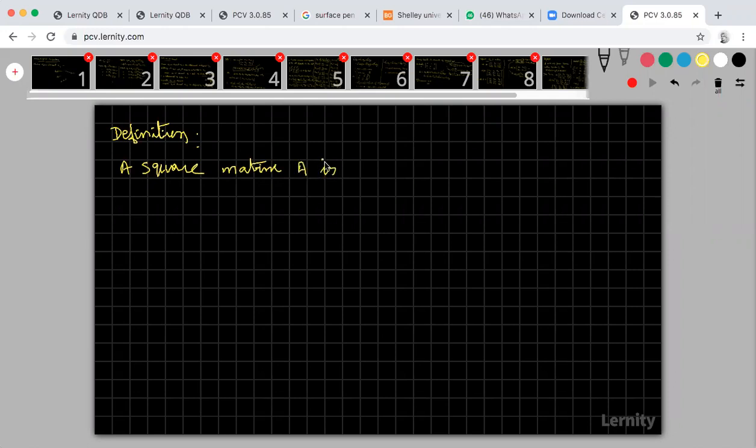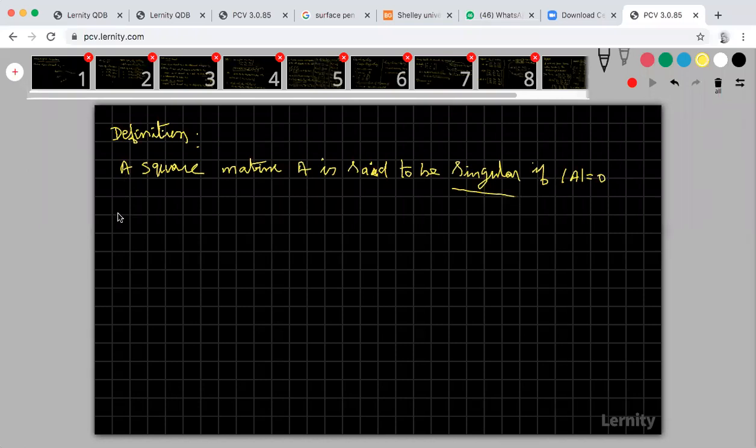A square matrix A is said to be singular if determinant of A is equal to 0. If determinant of A is 0, then the matrix is said to be a singular matrix.